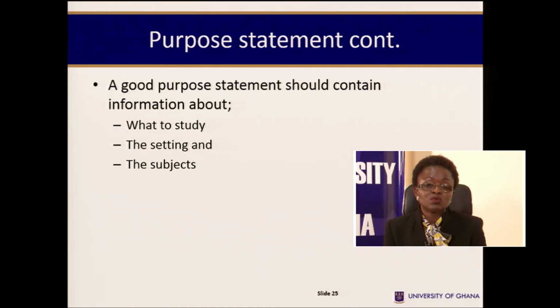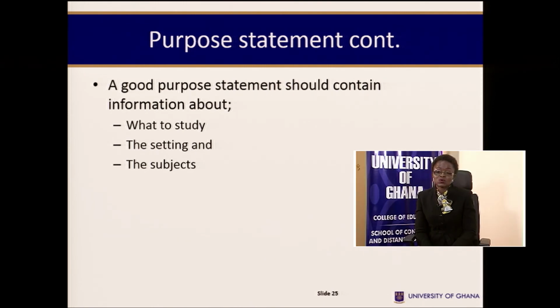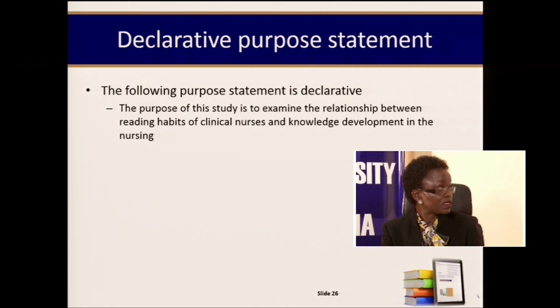How you choose whether to write it in declarative or question form depends on the researcher's knowledge of previous research, and then the type of research approach that you want to use. So a good purpose statement should contain information about what to study, the setting, which is the area where you want to do the study, and then the people who are participating in the research.